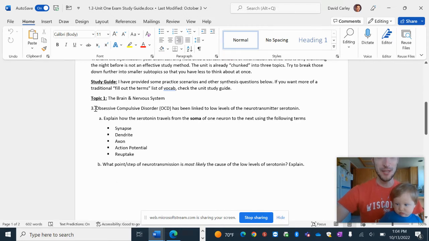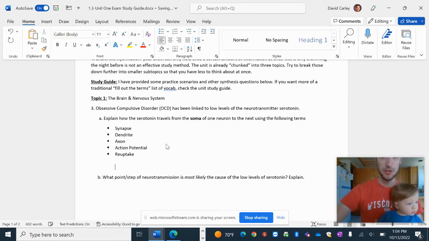So the first one is: OCD has been linked to low levels of the neurotransmitter serotonin. How does serotonin travel from the soma of one neuron to the next using the following terms? We want to start somewhere, and it's up to you. I'll start from the soma. The soma is the cell body of the neuron.